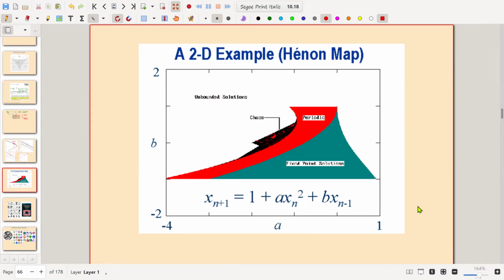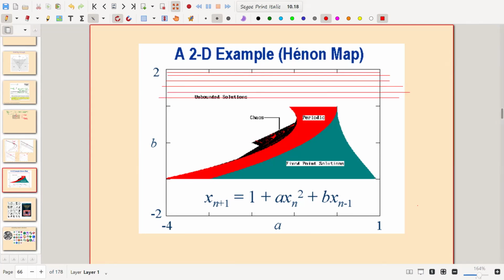Now you want to know which parameter gives me fixed point, which parameter gives me periodic point, which parameter gives me chaotic orbit or chaotic attractor, which parameter gives me unboundedness, that means diverging trajectories, right? So in order to do that, as I suggested, you make a very fine grid.